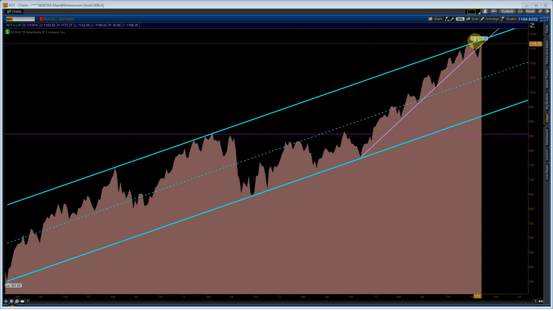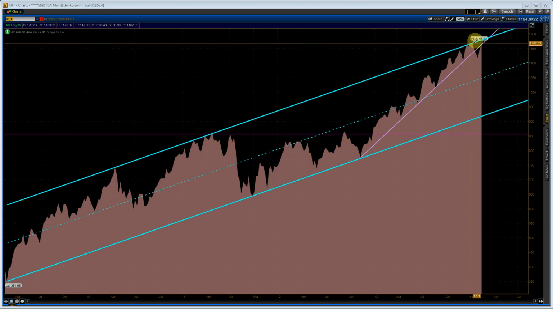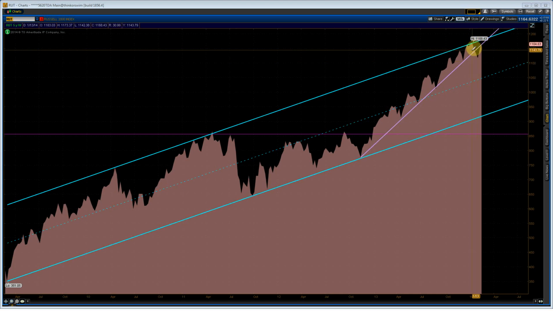We see as this long-term channel was hit at the top, a pullback that failed that trend line, and a rise that has only retested that trend line as a resistance point as of right now.